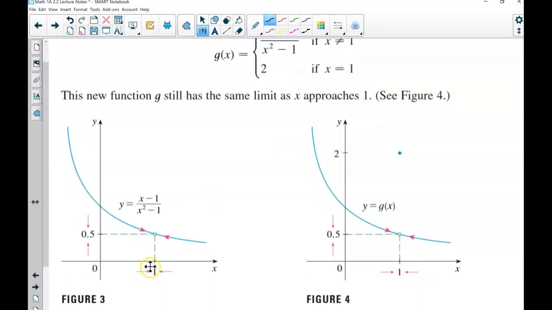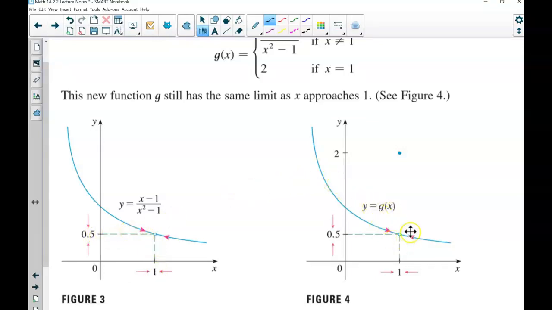Okay, so if you look over here, the new function g still has the same limit as x approaches 1. You can see here that as x approaches 1 on the right side and as it approaches 1 on the left side, the limit is still 0.5.